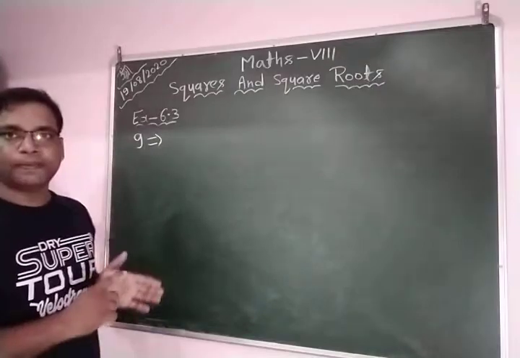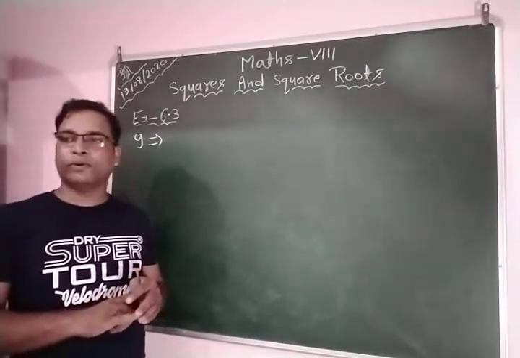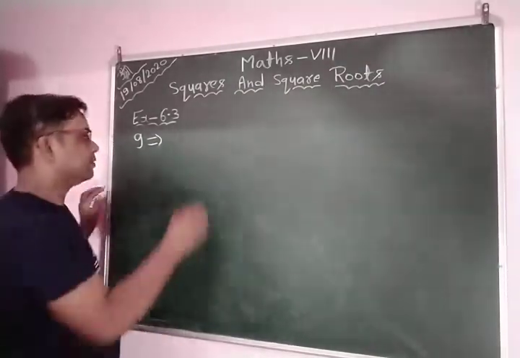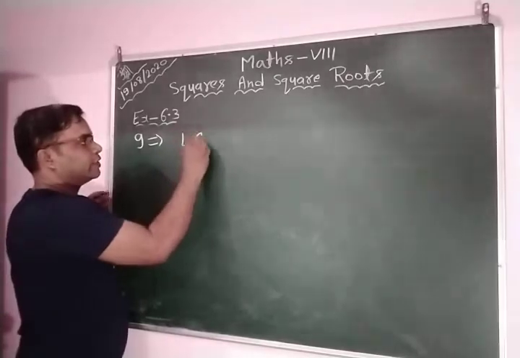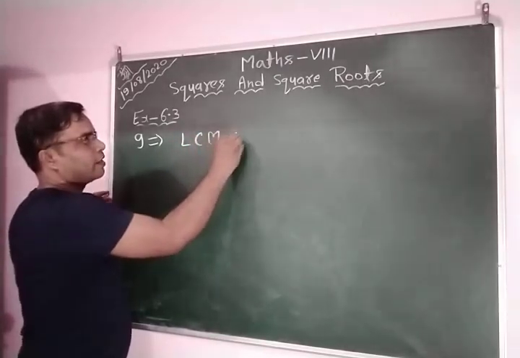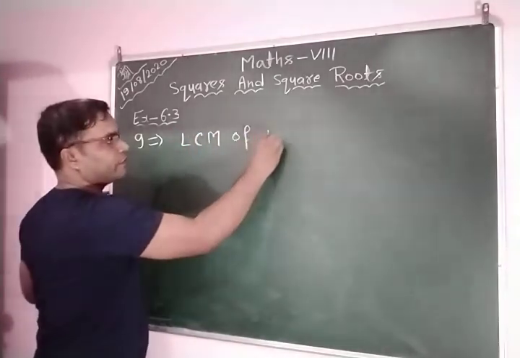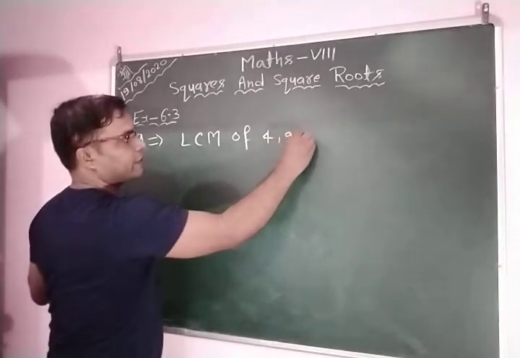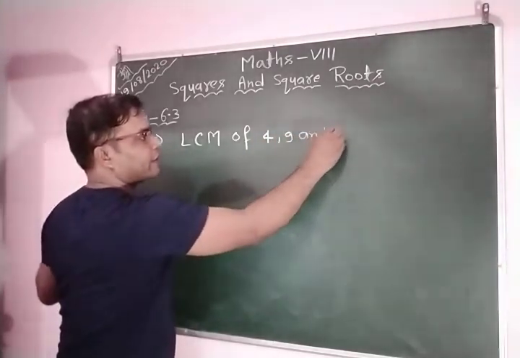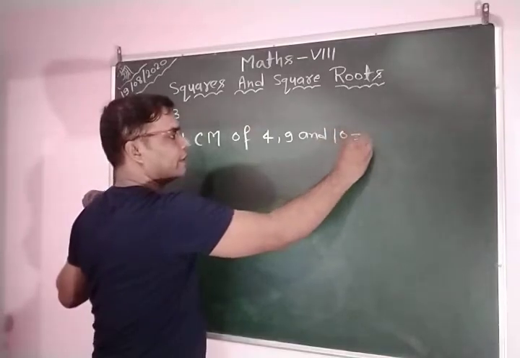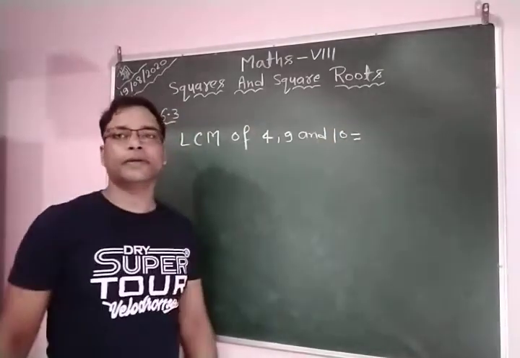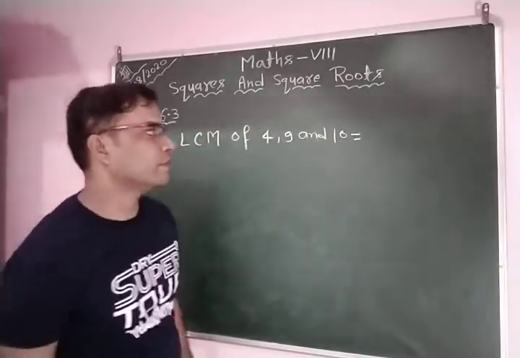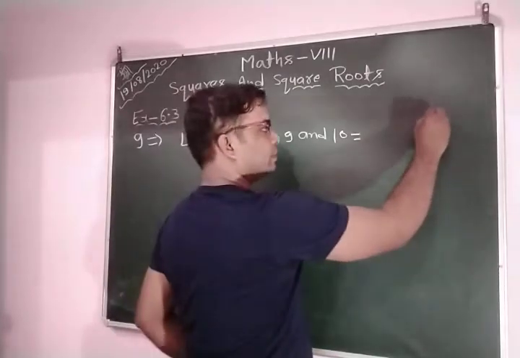So in this question, first we find the LCM of 4, 9 and 10. Okay, so the LCM of 4, 9 and 10 is equal to what? For this we use this method to find the LCM.